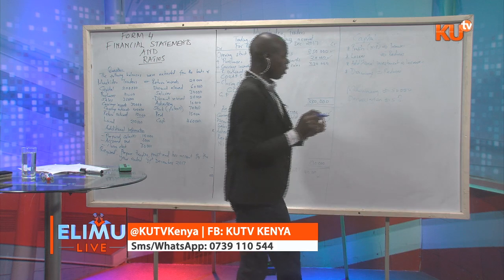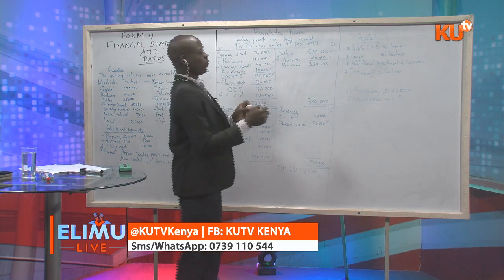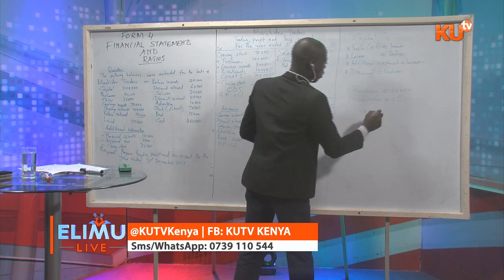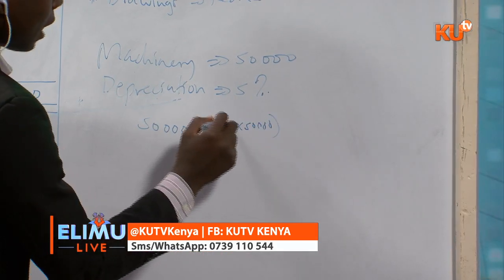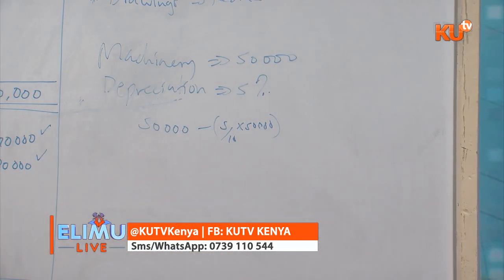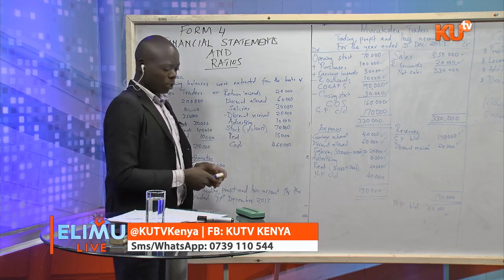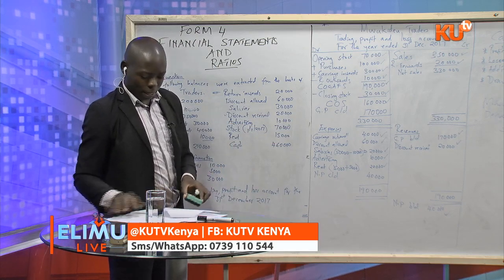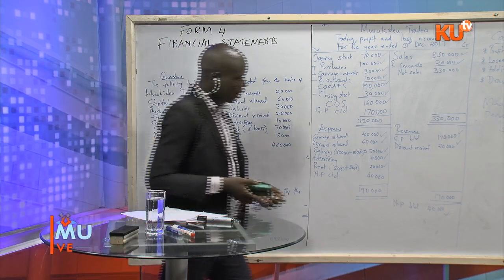Then to transfer machinery to the balance sheet, because that is an asset, you take the balance of the machine, 50,000, and minus 5% of 50,000. That is what you'll enter in the balance sheet. 50,000 less 5% is transferred to the balance sheet. So that is what we need to understand in this case of preparation for the trading profit and loss account.